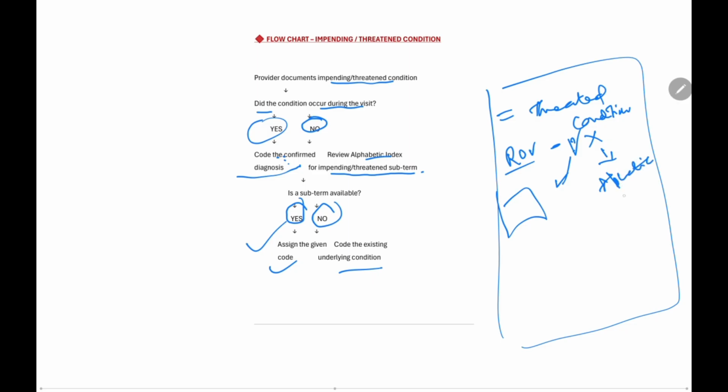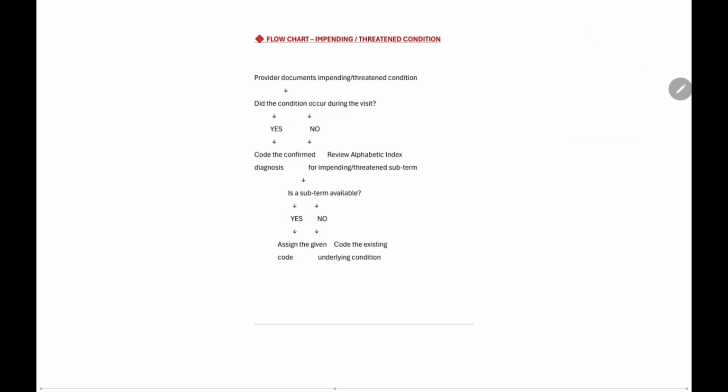If we see threatened as a subterm, then assign that subterm code. If not, directly assign the code which is mentioned in the question. Okay, so these are the impending conditions.